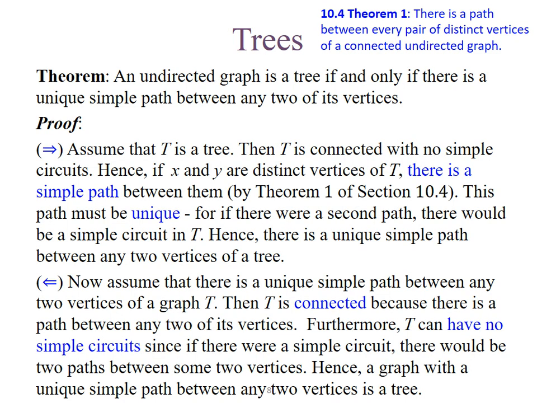So the graph must be connected. And then we have no simple circuit, because we already know the path is unique for any pair of vertices. If the path is unique, that means there is no circuit in this graph. So we can claim it is a connected graph with no circuits. So by the definition of a tree, this graph is a tree.